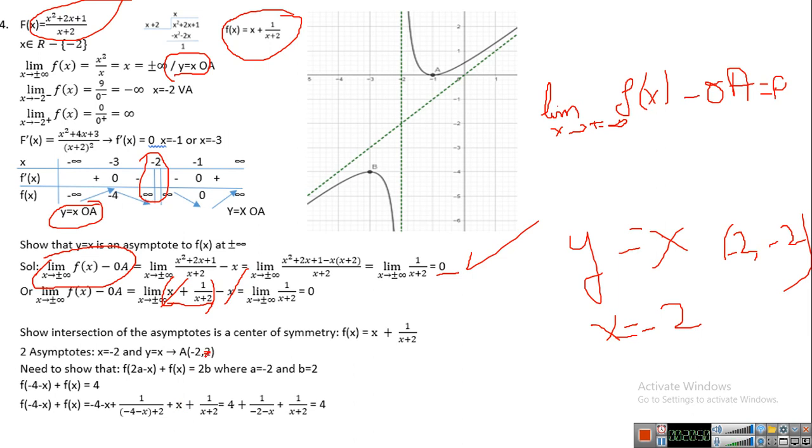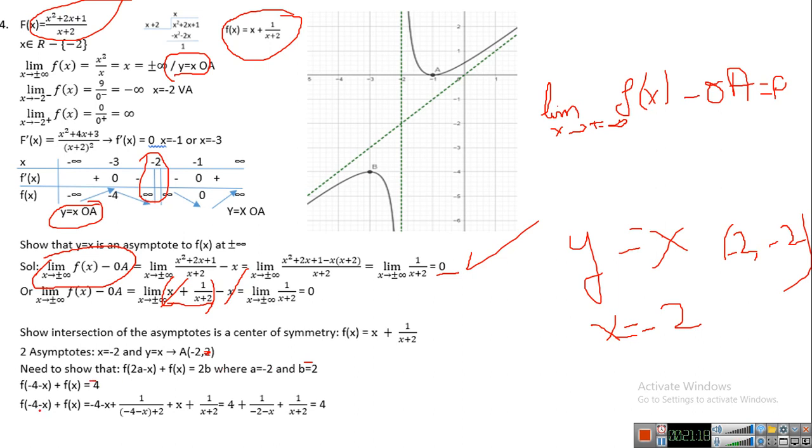This is minus 2, sorry, I wrote it as 2. So you must show that f of 2a minus x plus f of x must be equal to 2b, where a is minus 2 and b is also minus 2. So it must be f of minus 4 minus x plus f of x must be equal to minus 4.